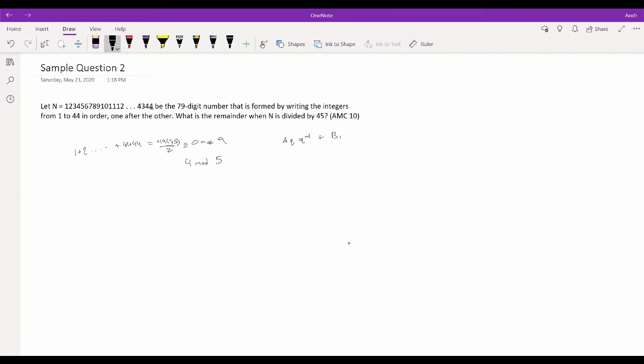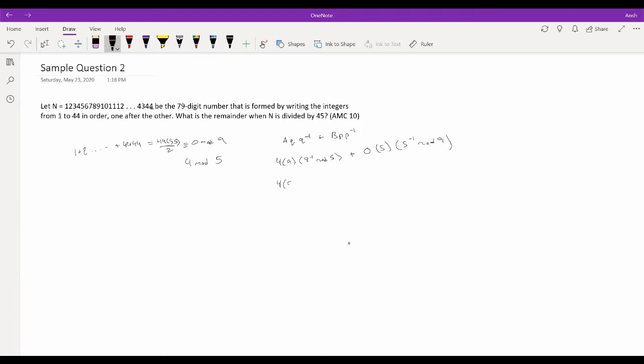So this would be 4 times 9 times the inverse of 9 mod 5, and 0 times 5 times the inverse of 5 mod 9. The modular inverse of 9 mod 5 is the same as the inverse of 4 mod 5, and its inverse would just be 4, since 4 times 4 is 16, which is 1 mod 5.